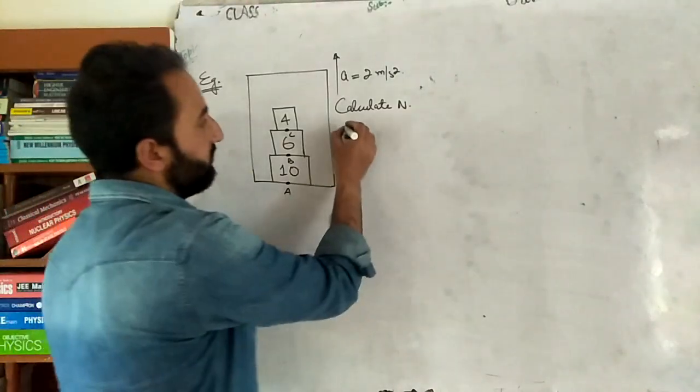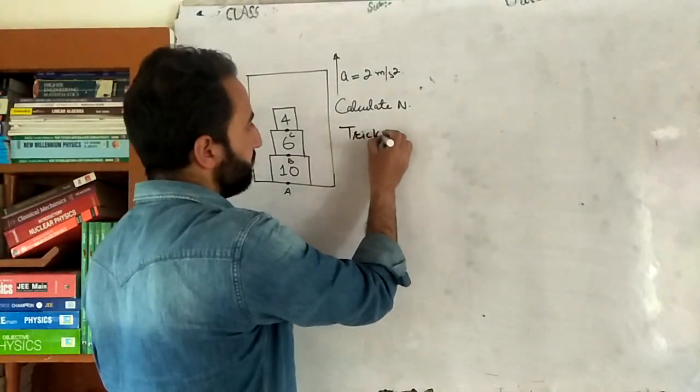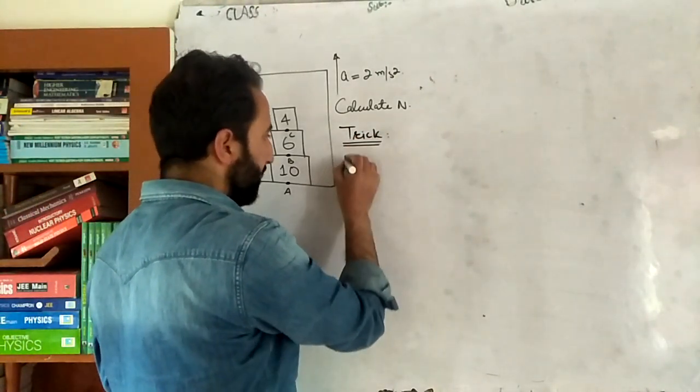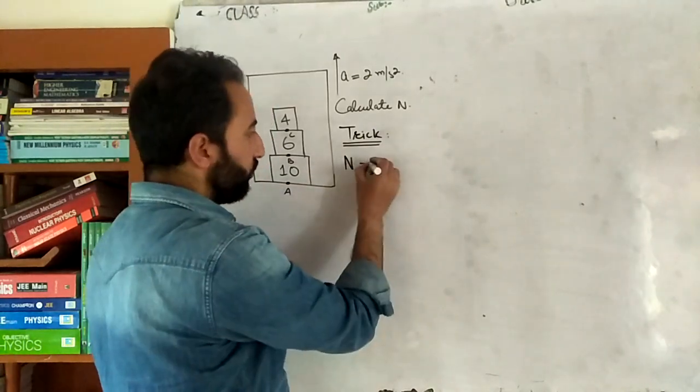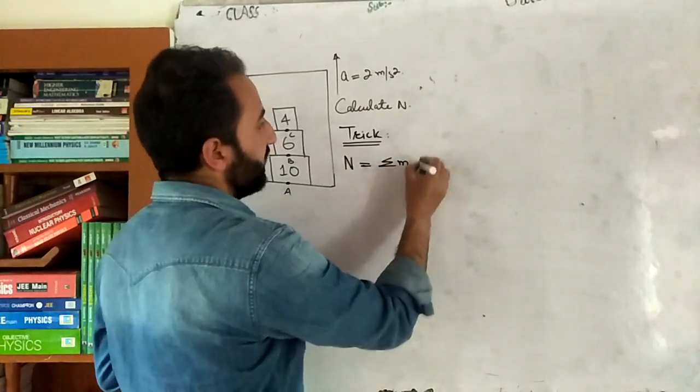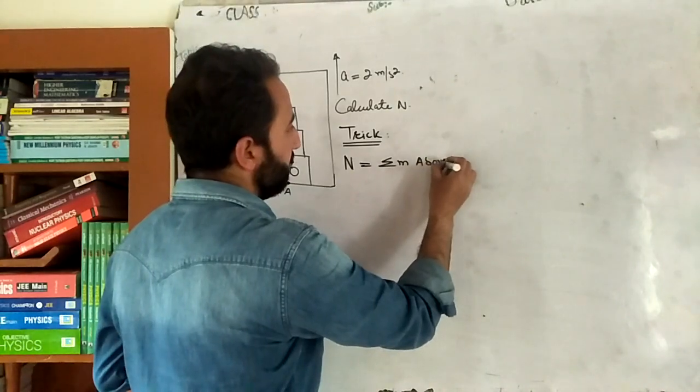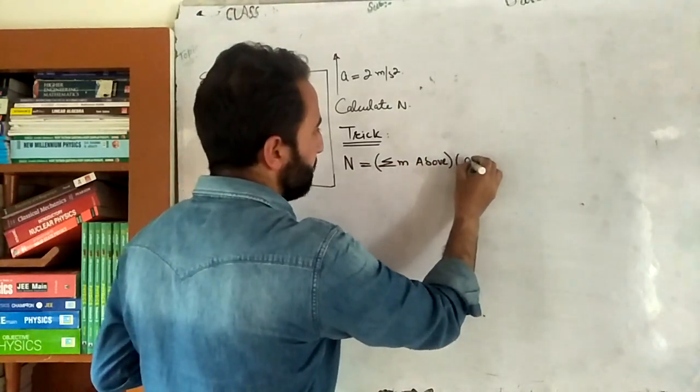So the trick here is this. The short trick is this: the normal reaction at any point is equal to the summation of all the masses that are above, multiplied by g plus minus a.